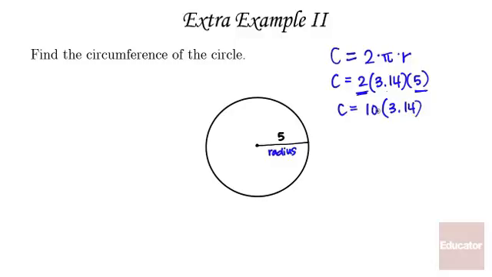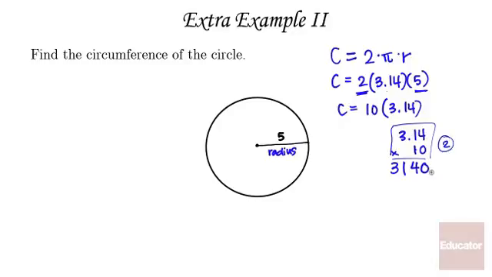So I need to multiply these two numbers together. So 3.14 times 10: 0, and 1 times 4 is 4, 1 times 1 is 1, 1 times 3 is 3. From here, since I'm multiplying, how many numbers do I have behind decimal points? I only have 2, right?